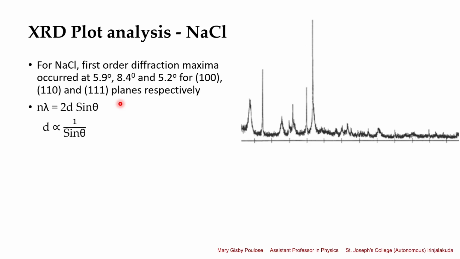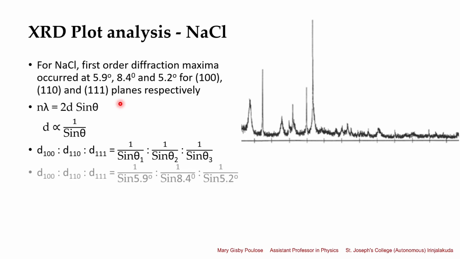From this we understand that d is proportional to 1 by sine theta. Using this relation, we write d100 proportional to d110 proportional to d111 is equal to 1 by sine theta 1 proportional to 1 by sine theta 2 proportional to 1 by sine theta 3. Substituting the angles, we get it like that.